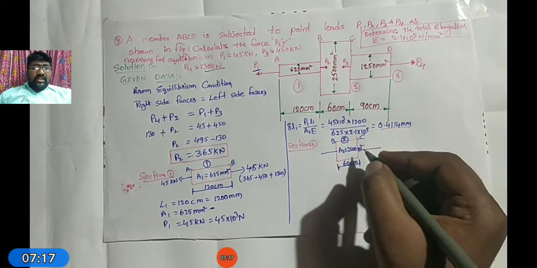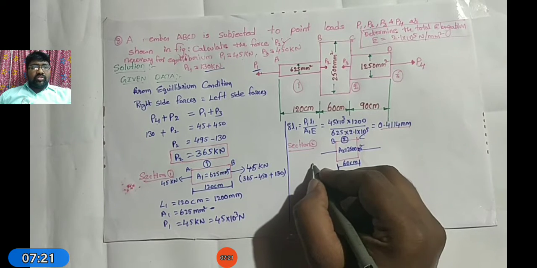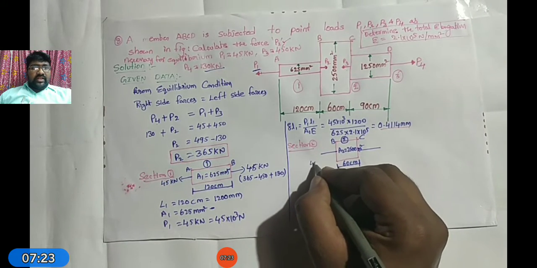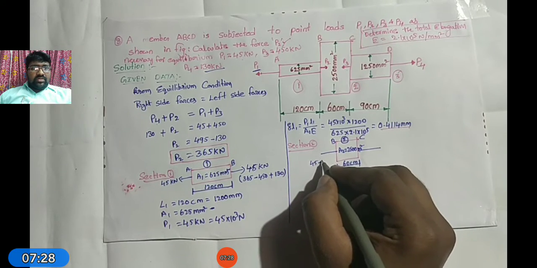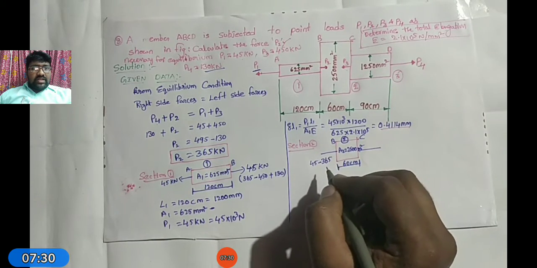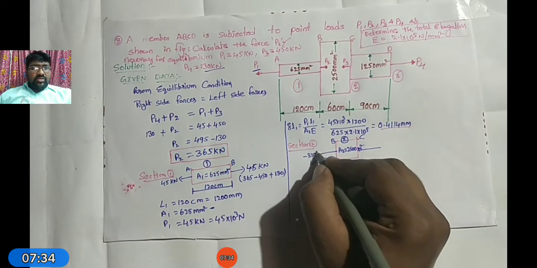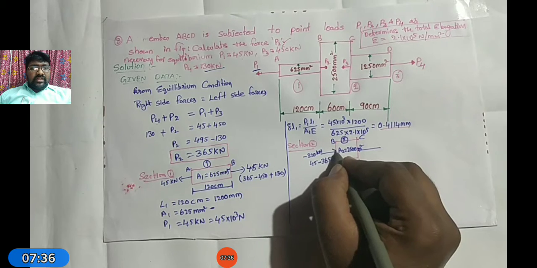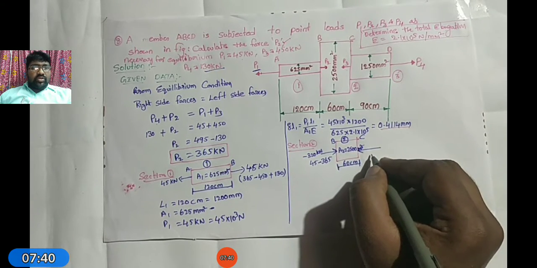We need to calculate the value first. After that, indicate the direction of force. Right side is P1 minus P2. P1 is 45 minus 365, that is minus 320. Minus means a compressive force is acting on the middle section, middle portion.